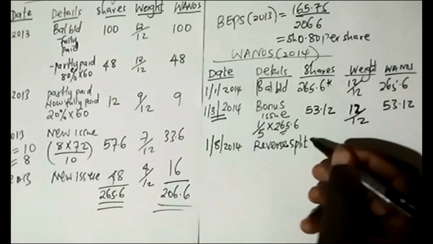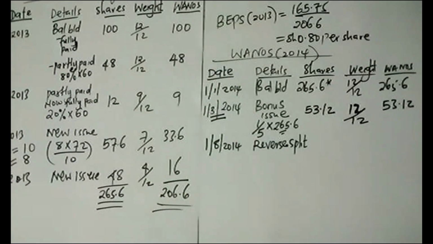What took place there is a reverse split. A reverse split occurs when our shares are cheap, so we can effect a consolidation to make them expensive. Remember that our ordinary shares were trading at 5 par value.